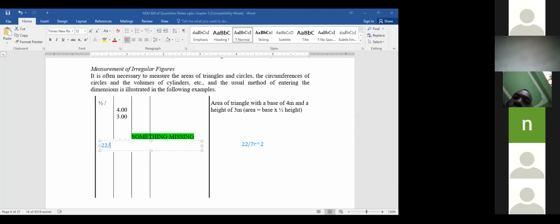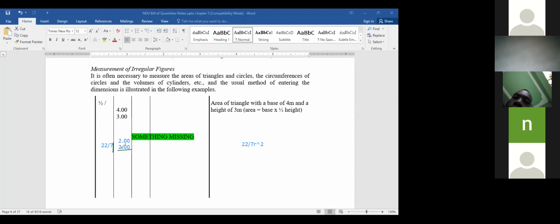Let me use 3.14 for the pi value. Then I put the slash. Or you can just write 22/7. Then I put the slash. Remember, I need to put the slash.